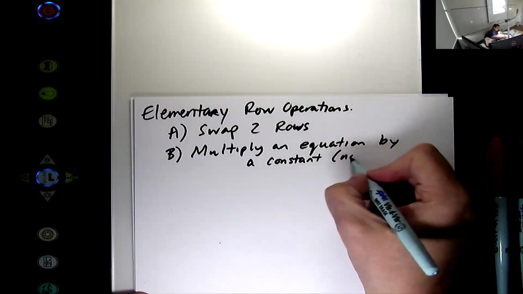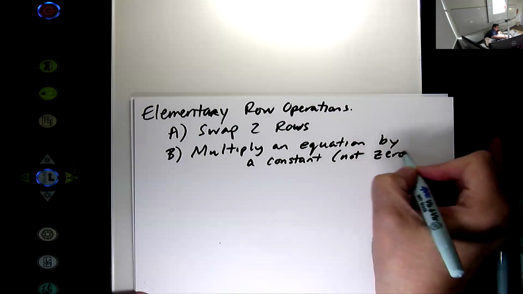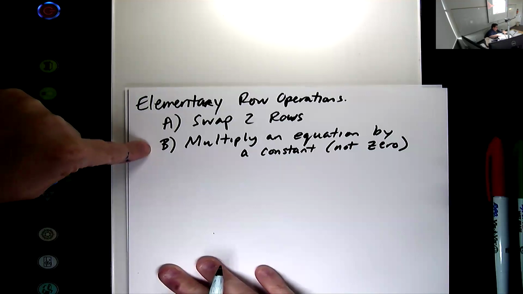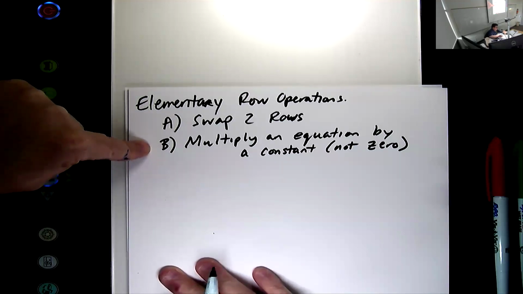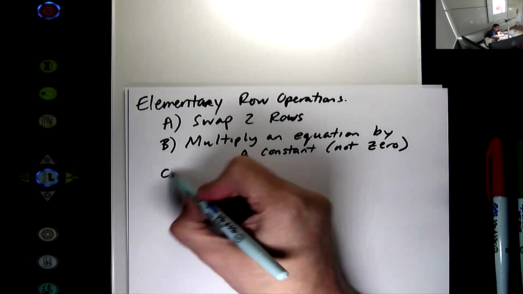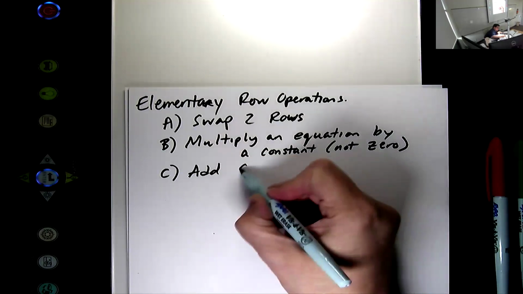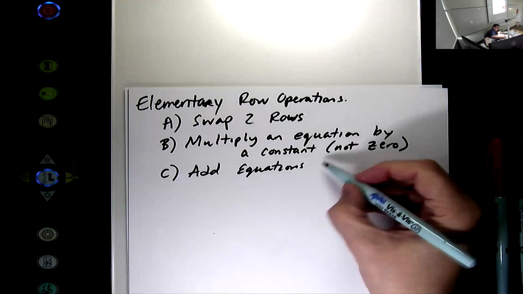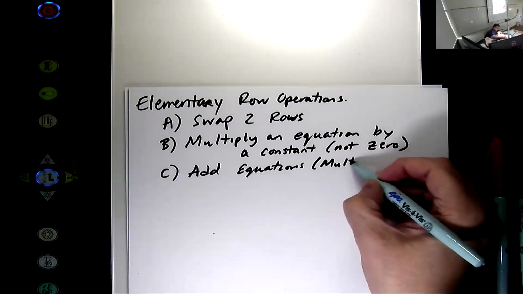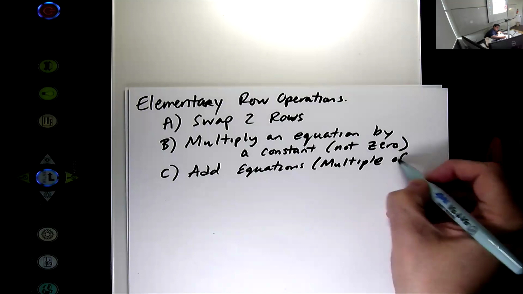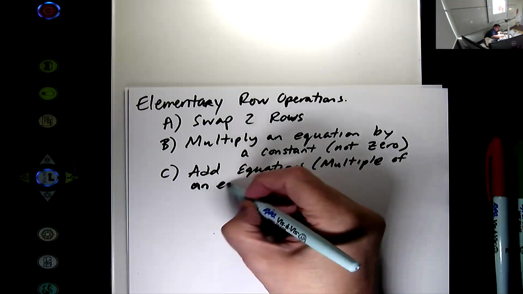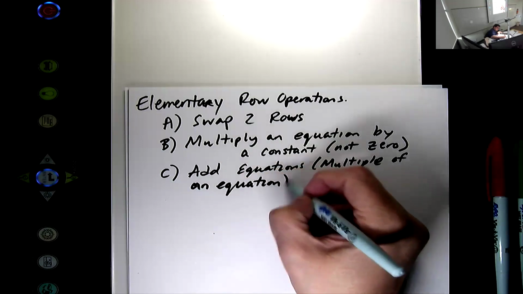And we don't want that to be 0, because that would zero out everything. We've done that, we've multiplied equations by numbers. And C, we can add equations, or a multiple of an equation, to replace one.